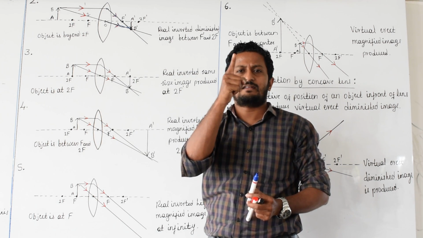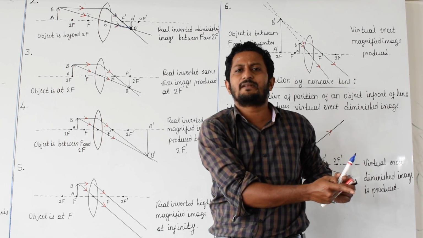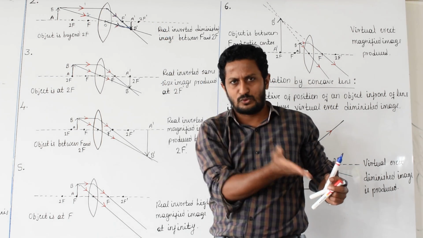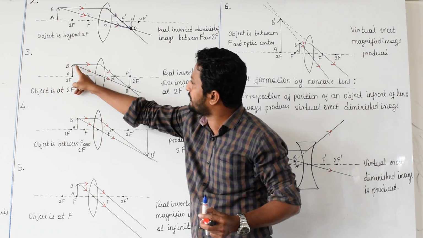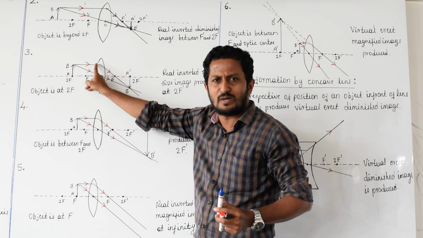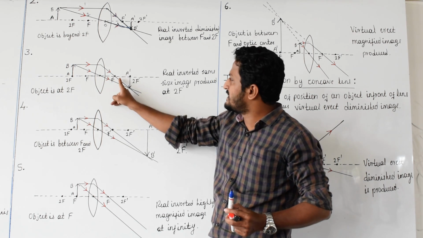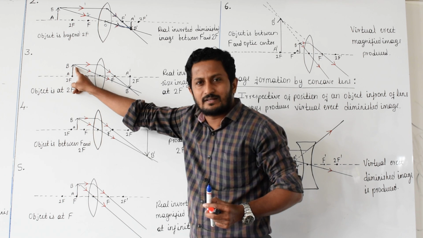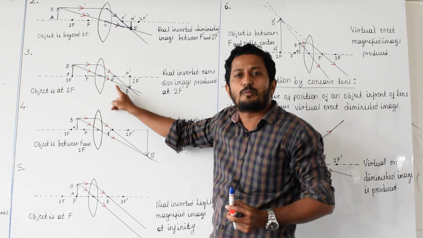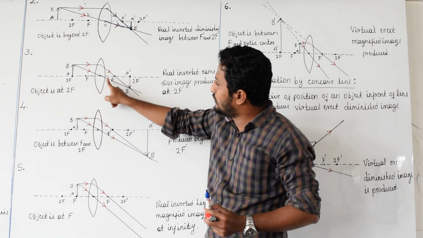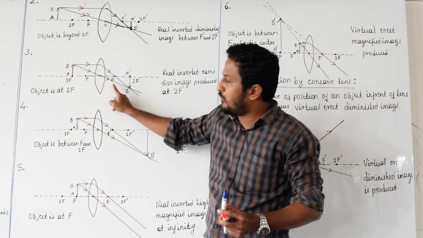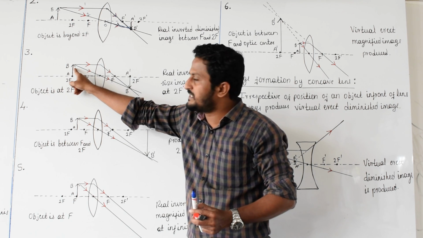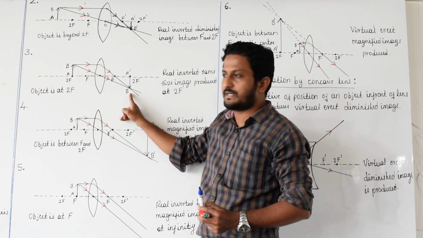One is parallel, passing through the principal focus point, and from the top you take one more passing through the optical center. These two refracted light rays intersected here. I mean the image of this top is produced here.